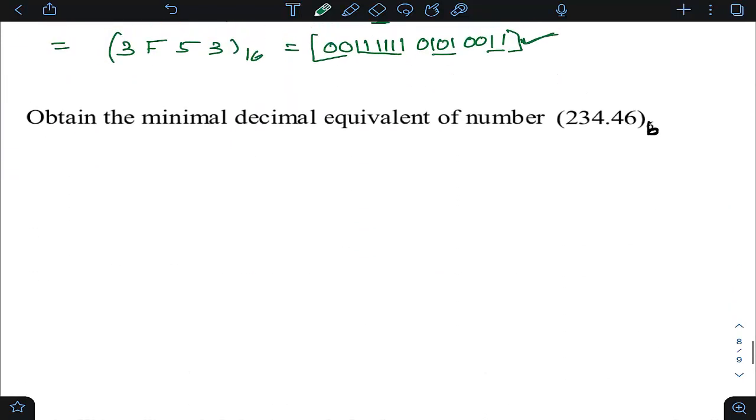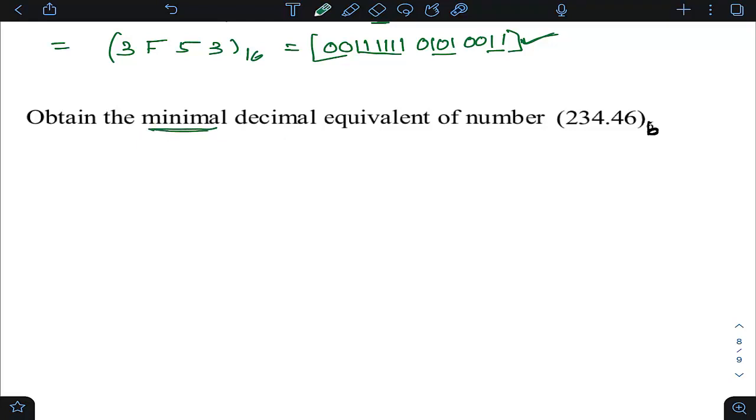Yeah, these questions. Obtain the minimal decimal equivalent of number 234.46 base B. Okay, see the word minimal decimal equivalent. So this is important. The word minimal is very important.